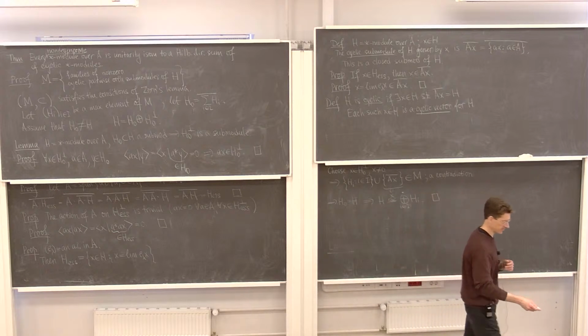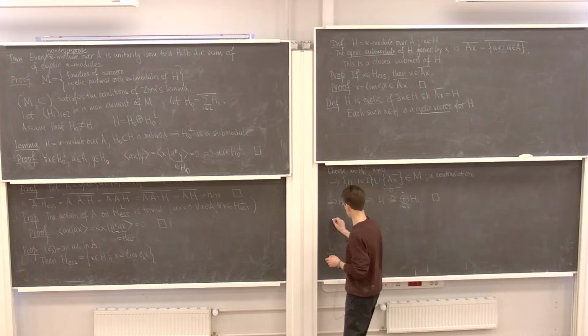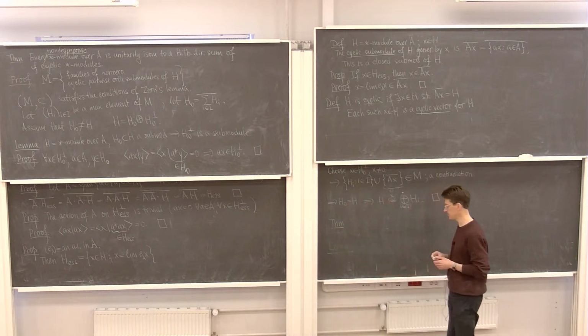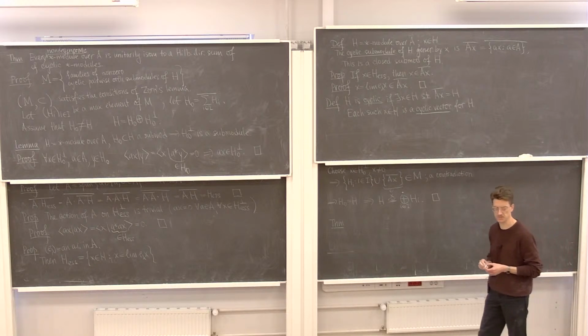Okay. Our next result, a little theorem, shows that actually every cyclic representation is isomorphic to a GNS representation.